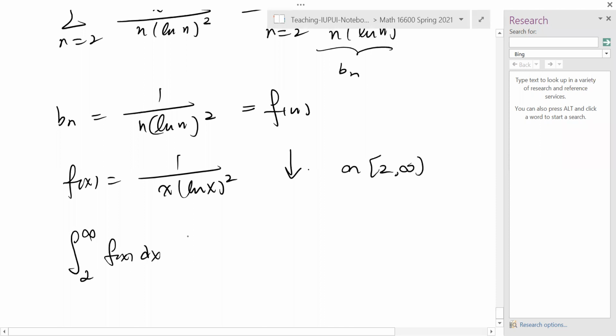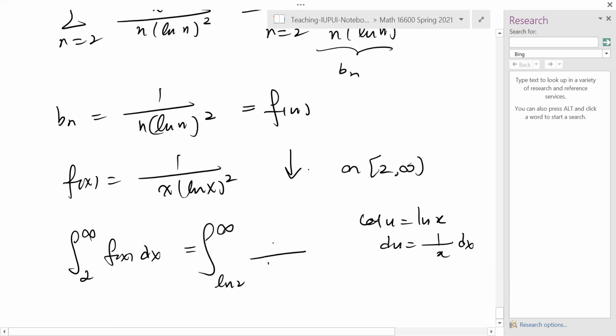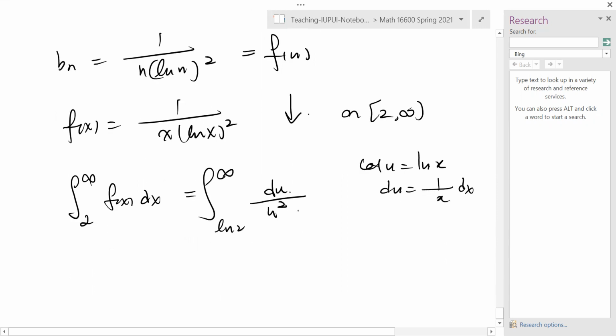I use a substitution. I let u be natural log x, then du equals 1 over x dx. So this is the integral from natural log 2 to infinity of 1 over u squared du. Clearly it's finite.